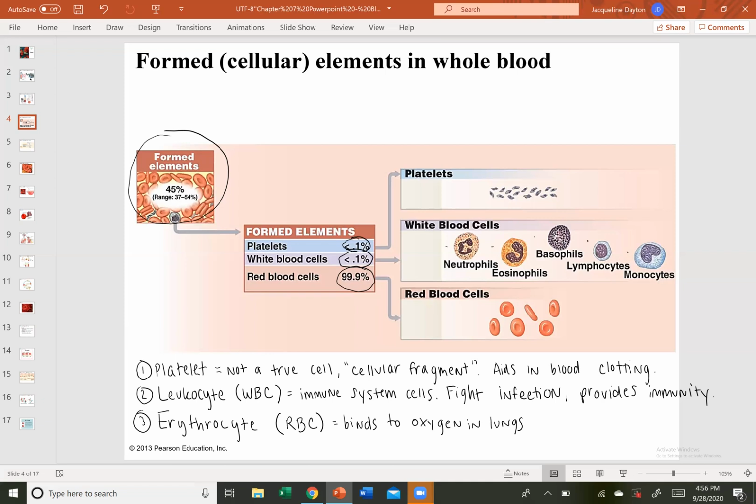And then they're going to deliver that oxygen throughout the body to all the different body tissues. So transports oxygen to the body tissue.